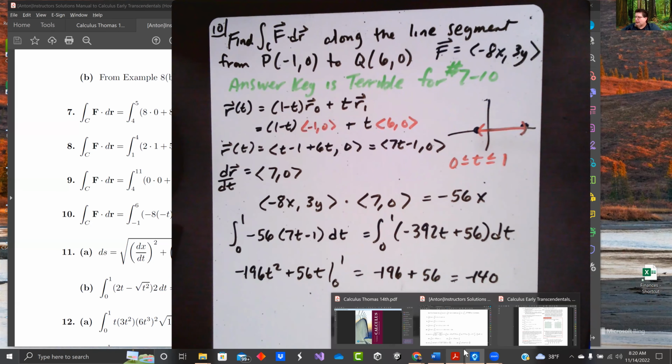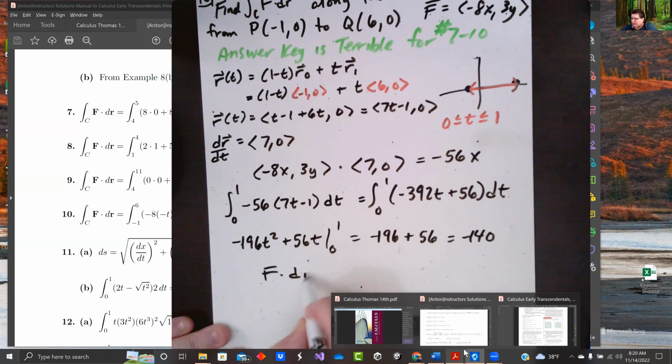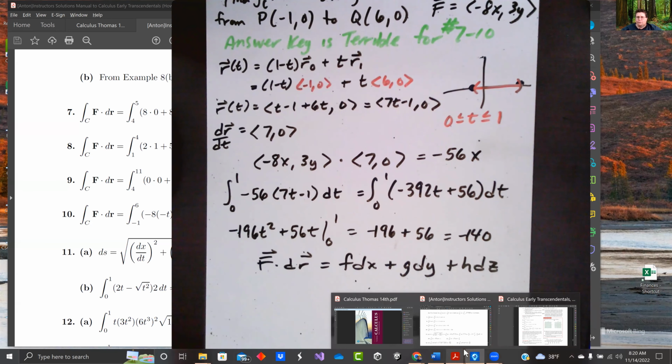And then the reason why we went to the whole F.dr, where, you know, it's F.dx plus G.dy plus H.dz. Well, our vector fields, we do vector fields in terms of X, Y, and Z components. And so the effects of vector fields on things within them have to be dealt with in that manner if we want to keep things easy.